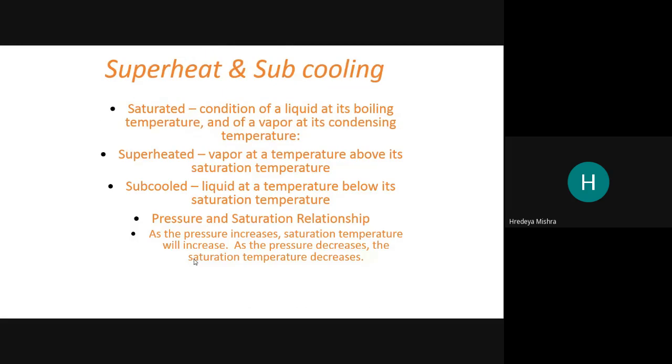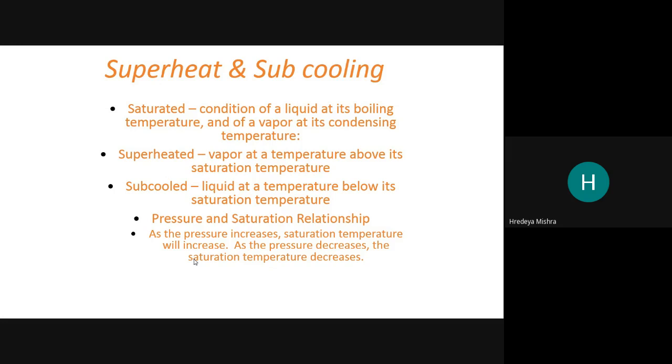Now, superheat and subcooling. Saturated condition: a liquid at the boiling temperature and a vapor at the condensing temperature. Superheated: vapor at a temperature above its saturation temperature. Subcooled: liquid at a temperature below its saturation temperature.